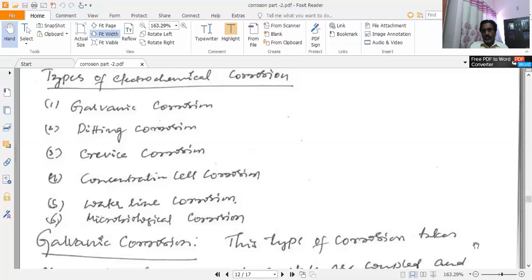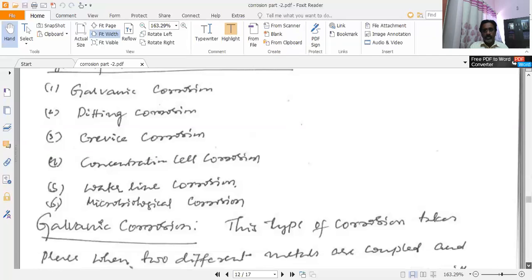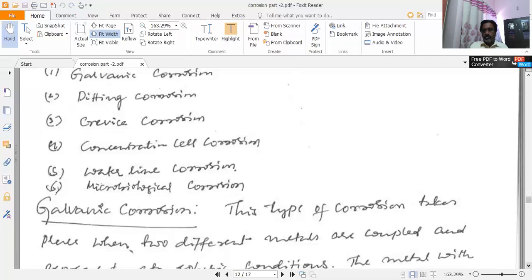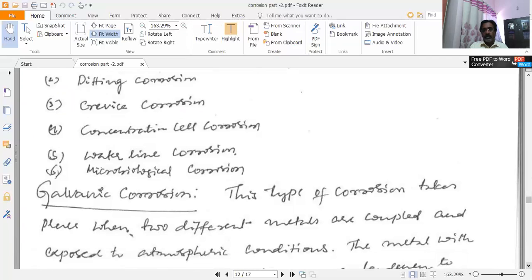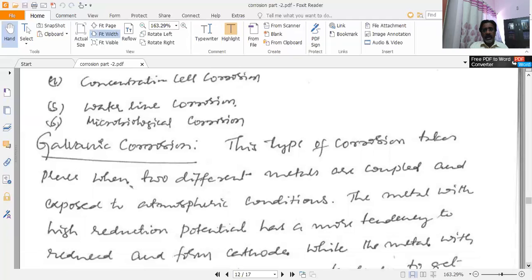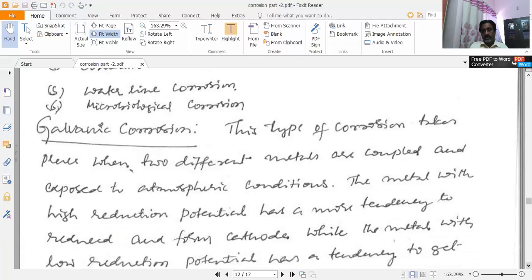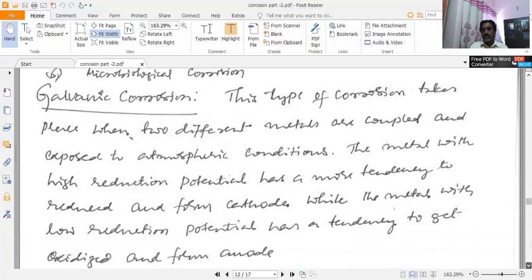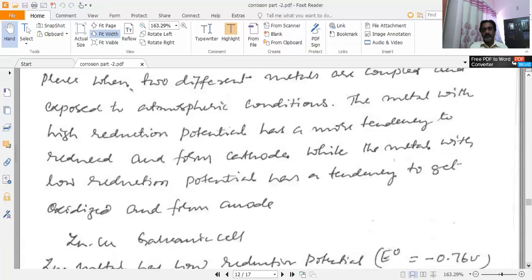This type of corrosion takes place when two metals are coupled and exposed to atmospheric conditions. The metal with high reduction potential has more tendency to reduce and form cathode, while the metal with low reduction potential has a tendency to get oxidized and form anode.